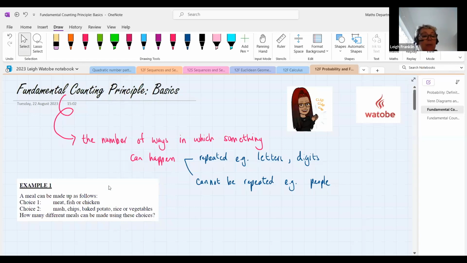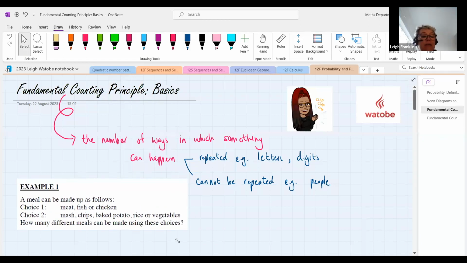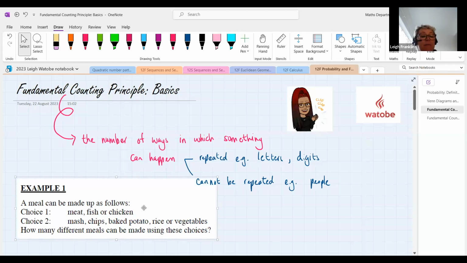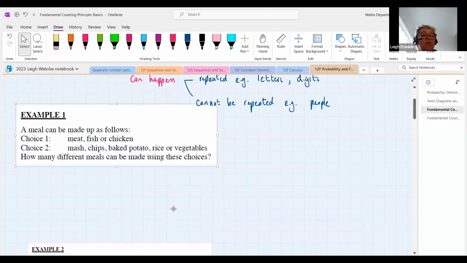All right, so let's just jump into the first example. It says there is a meal that can be made up in the following way. You can choose between meat, fish, or chicken, and your second choice is mashed potato, chips, baked potato, rice, or vegetables. How many different meals can be made using these choices? Instead of us having to go meat and mash, meat and chips, meat and baked potato, meat and rice, meat and vegetables, and then fish and mash, fish and chips, etc., there's a much quicker way.